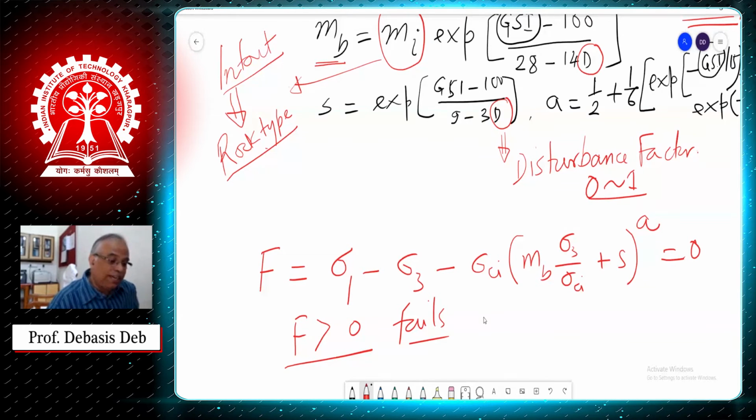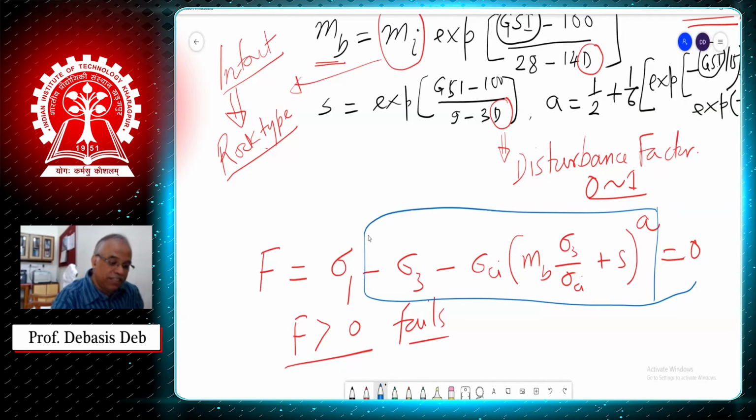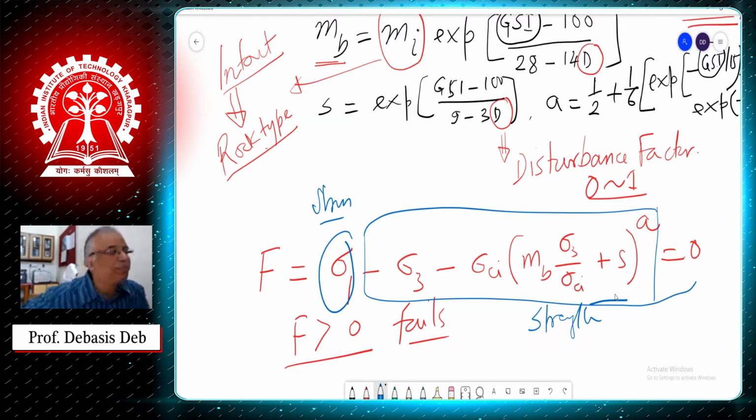So this part is the strength part and the other is the stress part. If stress minus strength is greater than 0, that means stress is more than the strength, so it will fail. This is the strength part which I have given in that blue box.